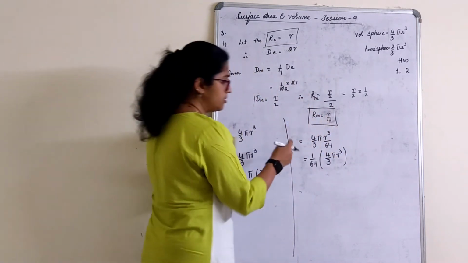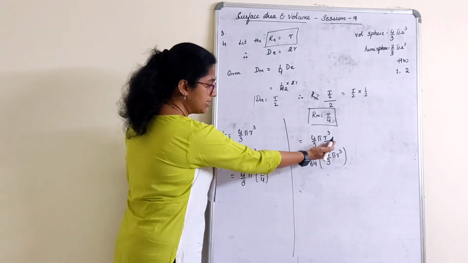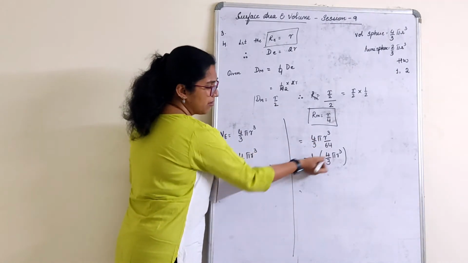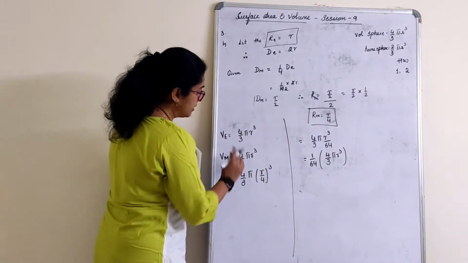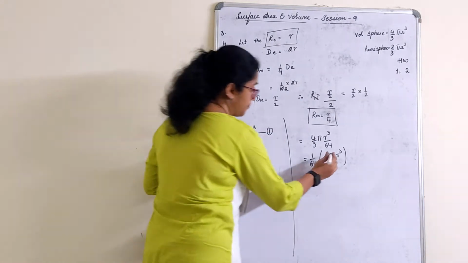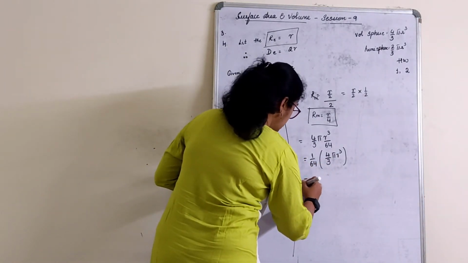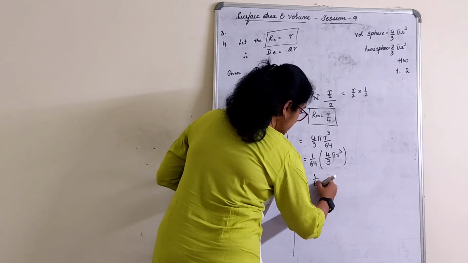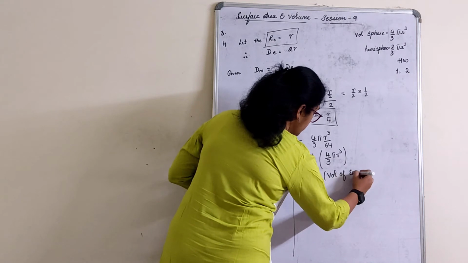Same thing I have written, but I have just taken the 64 outside. But what is this 4 by 3 pi R cube? It is nothing but the volume of the earth. So, volume of the moon is equal to 1 by 64 volume of earth.